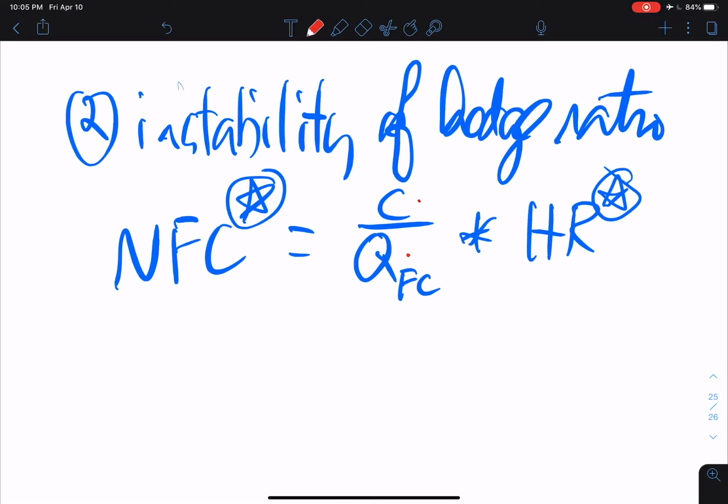The hedge ratio can be estimated by performing regression analysis, as we talked about in an earlier video. And let's now look at what's up with an unstable hedge ratio.